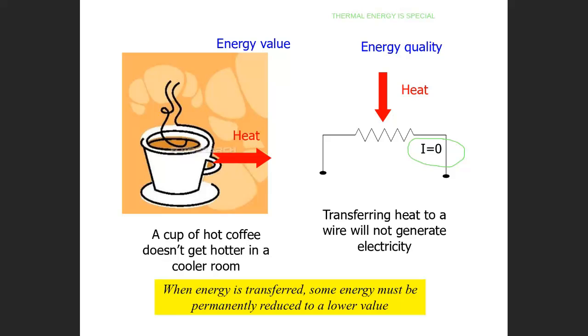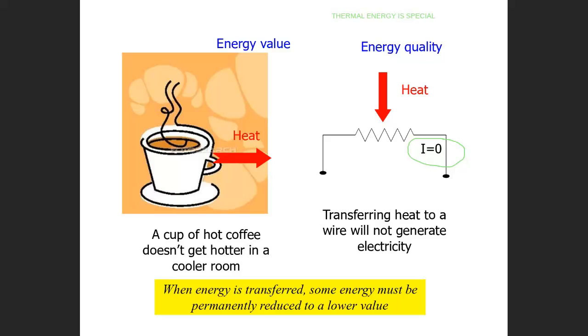Also, take a cup of hot coffee in a cooler room. The heat transfer is from the hot coffee to the cooler room. However, if you want the hot coffee to get hotter and hotter, it's impossible. A cup of hot coffee doesn't get hotter in a cooler room.